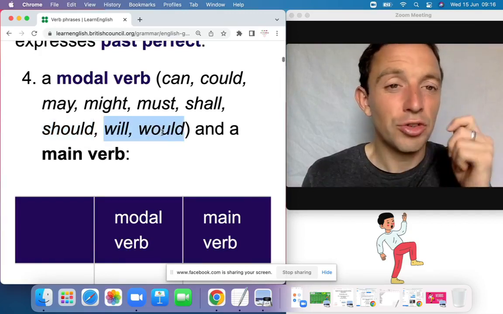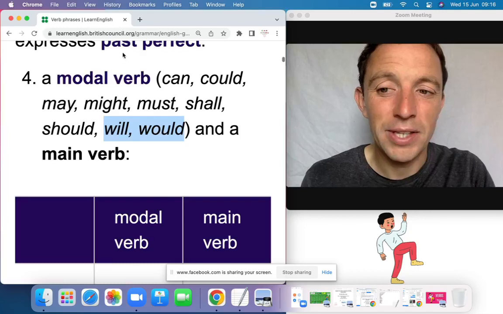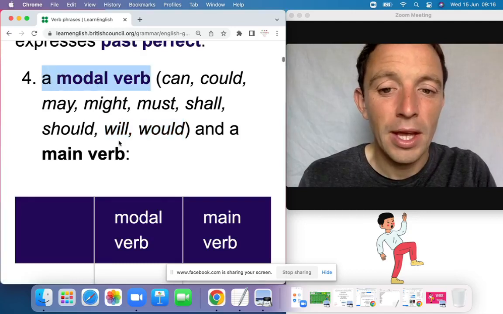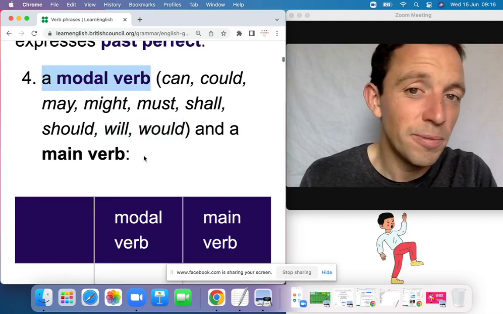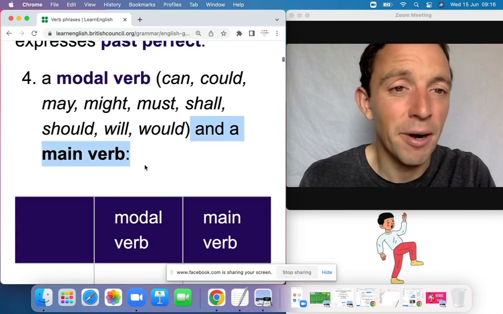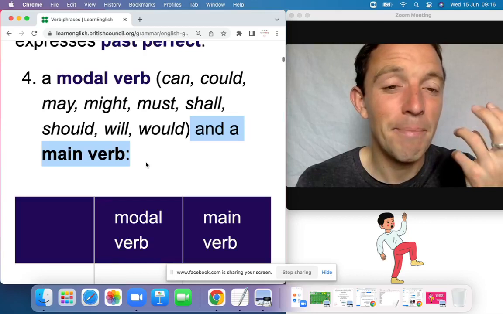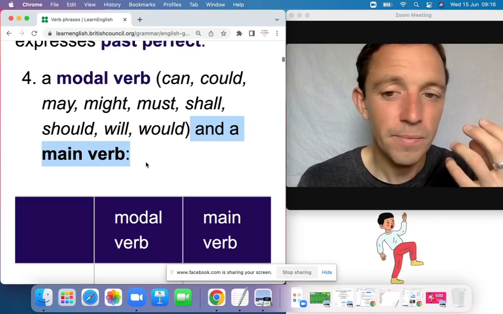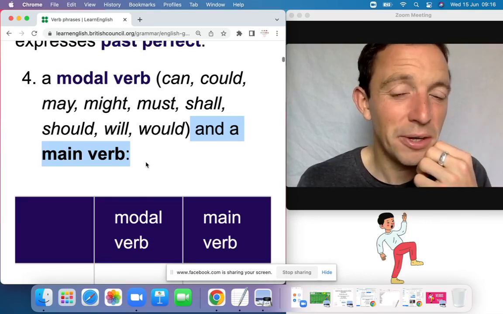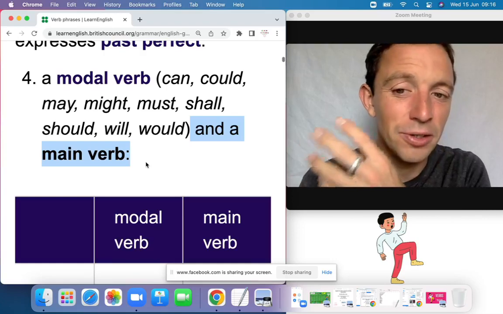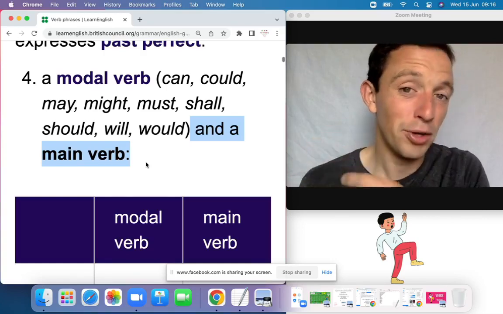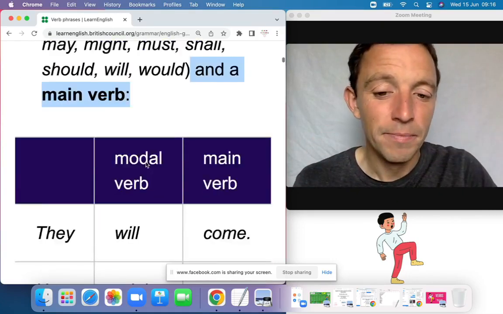However, the structure is very important because a modal verb is followed by a main verb. So you have a modal verb, and typically next you have a main verb. This is very important. A modal verb, can, could, may, might, must, shall, should, will, plus the main verb.